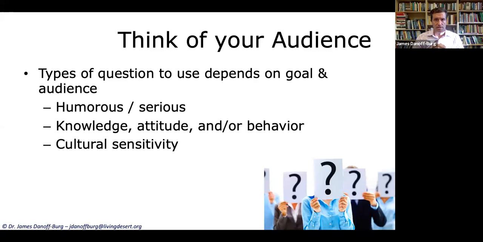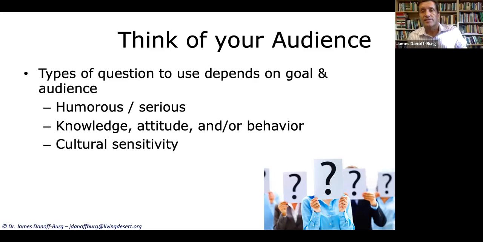You don't want to speak to people who haven't gone to school past 6th grade with the same vocabulary that you would use with a person who has a PhD. Phrase your question appropriately. Make certain that the things you're asking of your participants are things that they could know, could have experienced, and can understand.